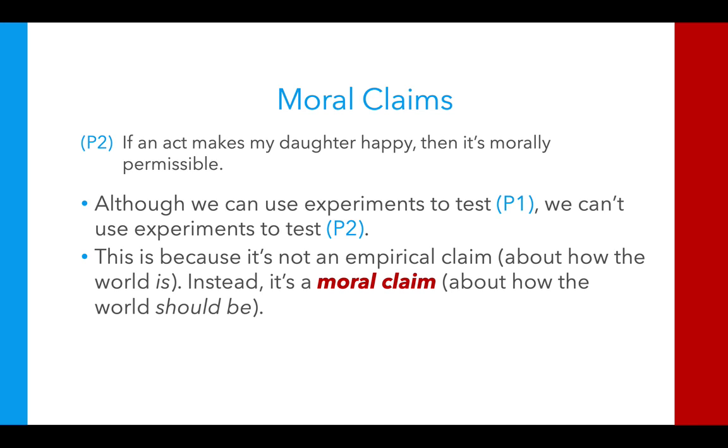As I say here, that's because it's not an empirical claim about how the world is. It's a moral claim about how the world should be. It doesn't say, like, then you should do this thing, but it is a claim not about how things are just on a descriptive level. It's a claim about how they are at sort of a normative, moral level.